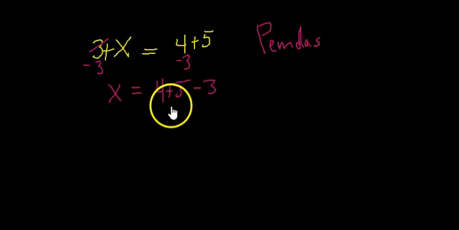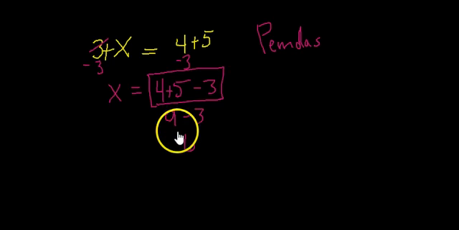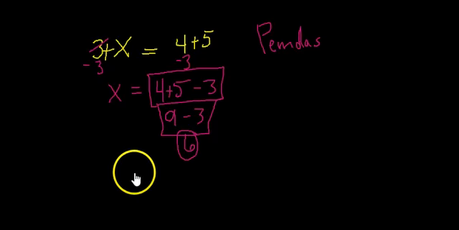So 4 plus 5 minus 3, so we have 9 minus 3, which we combine and know is 6. So we're combining our like terms. You're going to hear me say like terms a lot. So these are all like terms. What that means is they're all constants. There's no variables in there. So we're going to combine these like terms. 4 plus 5 minus 3 is the same as 9 minus 3, which is the same as 6.